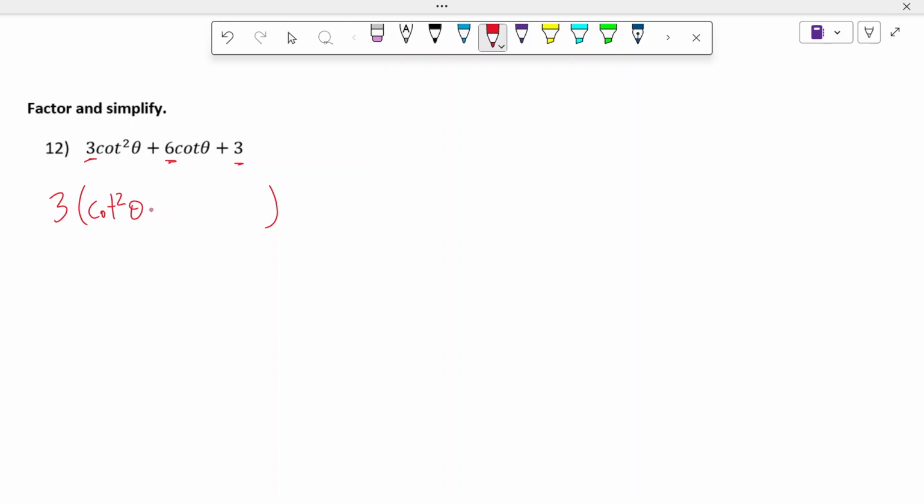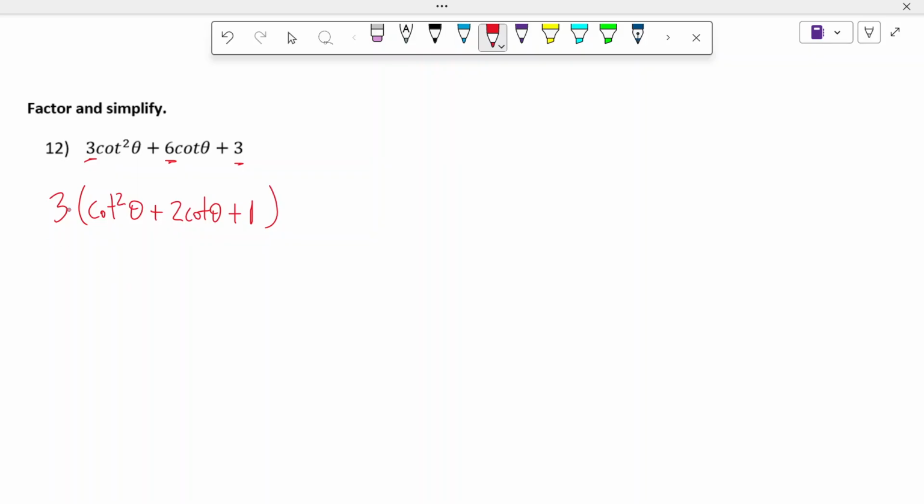We're unmultiplying. Plus, and then 3 times something would give me this. That would be 3 times 2, but it also has a cotangent. Plus, and then this, if I pull the 3 out, it's 3 times what would give us that? I'm unmultiplying or factoring. Of course, that'd be 3 times 1. So now I've factored out the 3, and here's what remains.